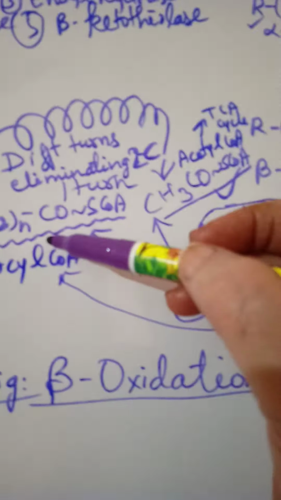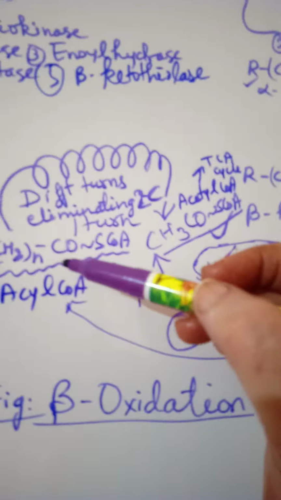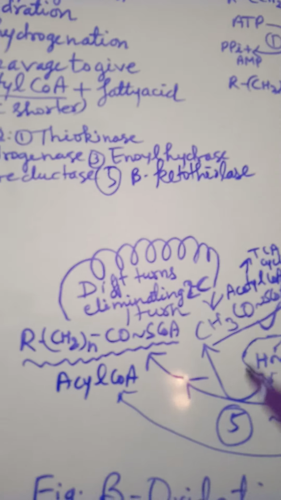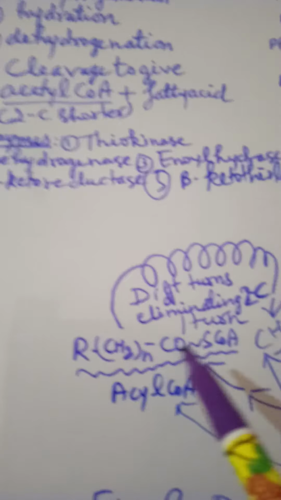This structure has 2 carbons less than the initial structure. This acyl coenzyme A again will undergo many spirals until the entire chain of the fatty acid is converted into acetyl coenzyme A.